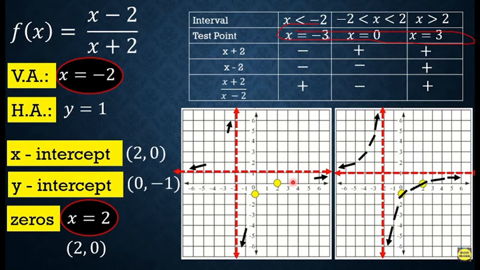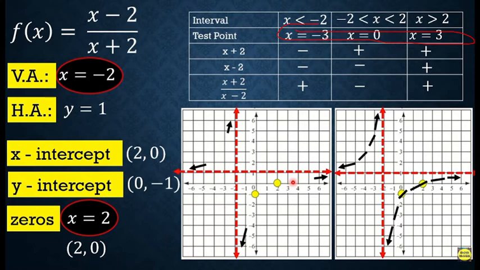For between negative 2 and 2, x equals 0. For x greater than 2, x equals 3.